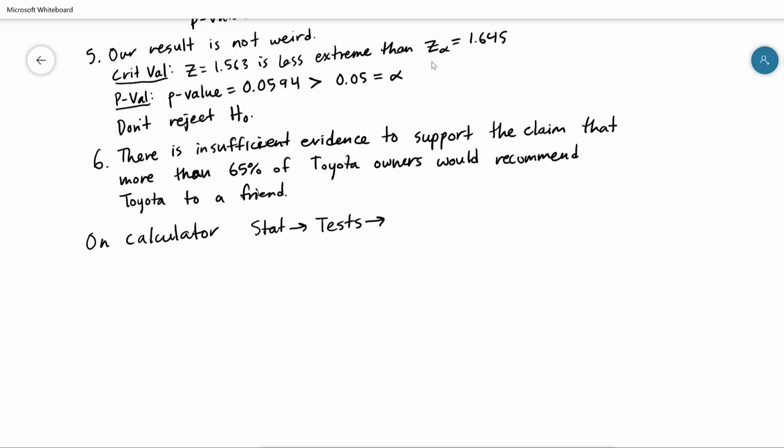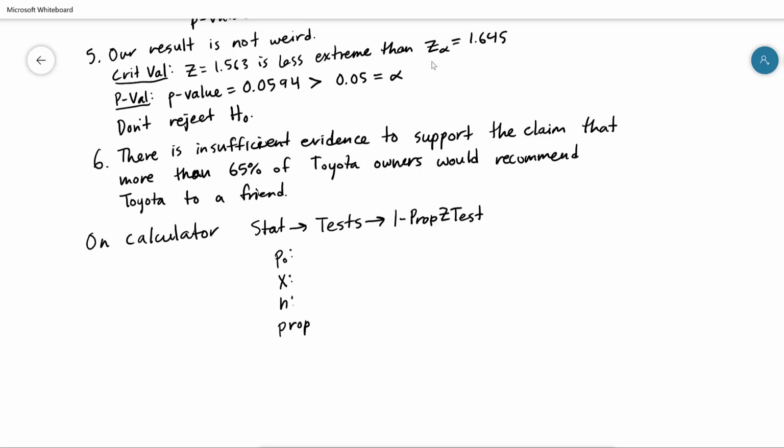So this one is going to be a 1 prop z test. On mine it's option 5. If I select that, it'll ask me for the p0 that I want to use, it'll ask for x, it'll ask for n, and it'll ask for the form of the alternate hypothesis, which says prop not equal to p0, less than p0, greater than p0.